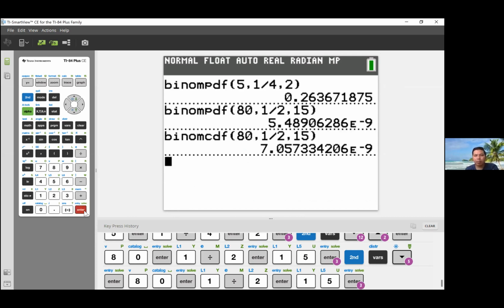The answer will be much different. What is my chance of getting at most 15 heads in 80 flips? I will have 7.05 times 10 to the -9. So the answer will be much different than when you use a PDF. Watch out for those little details so that you don't use the wrong command.